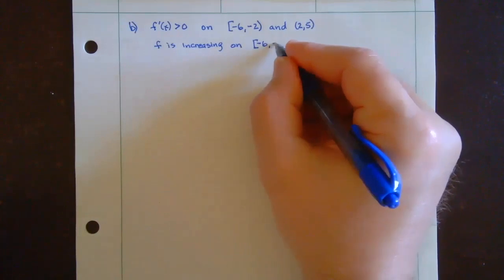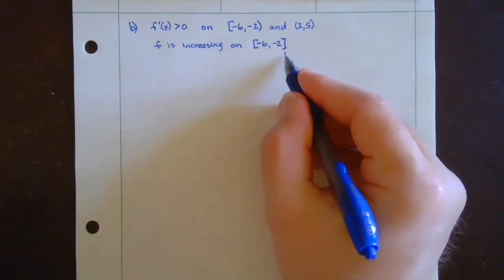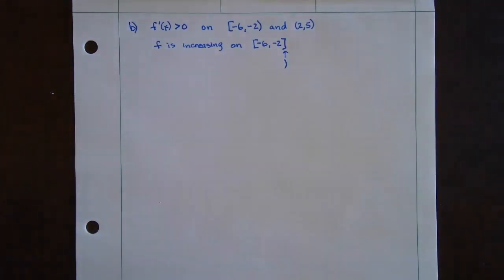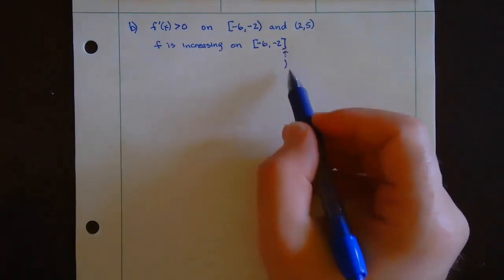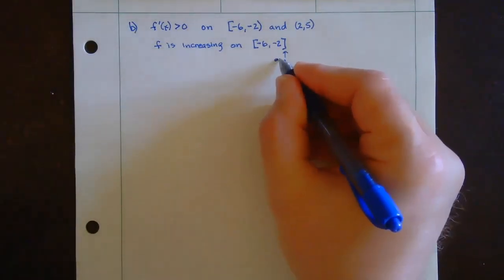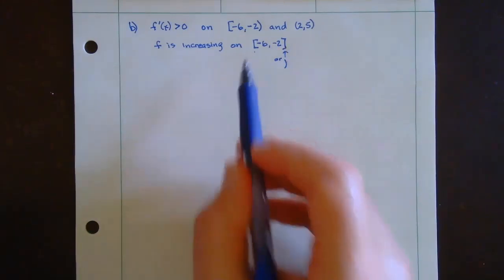Some people include this and some people don't. An option would be to have a parenthesis. It's not always agreed upon whether you include it or not, so they're going to accept it either way. You can have a bracket or a parenthesis on the -2. You have to have a bracket on the -6.